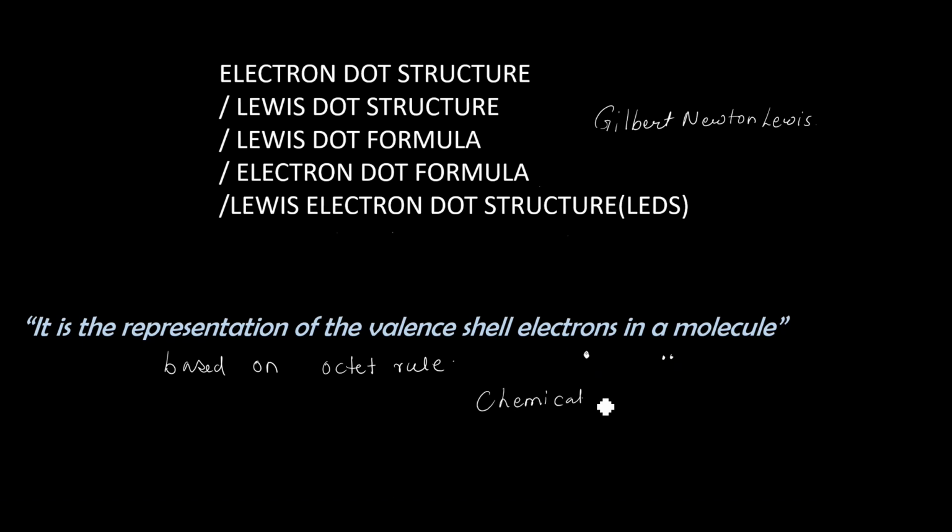It also helps in knowing the atomic structure, and the number of bonds: covalent bond, single bond, multiple bond. It helps to determine the properties of the molecule and the chemical bond formation. Hence, in the Lewis dot structure only the valence electrons are shown, and it is based on the octet rule.